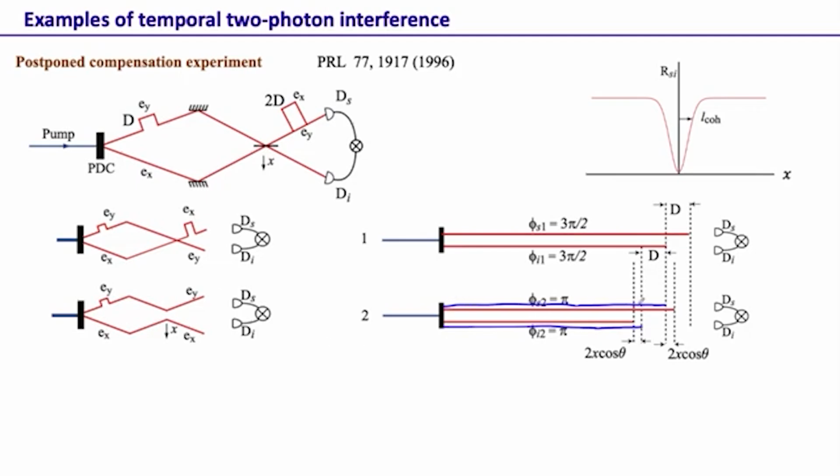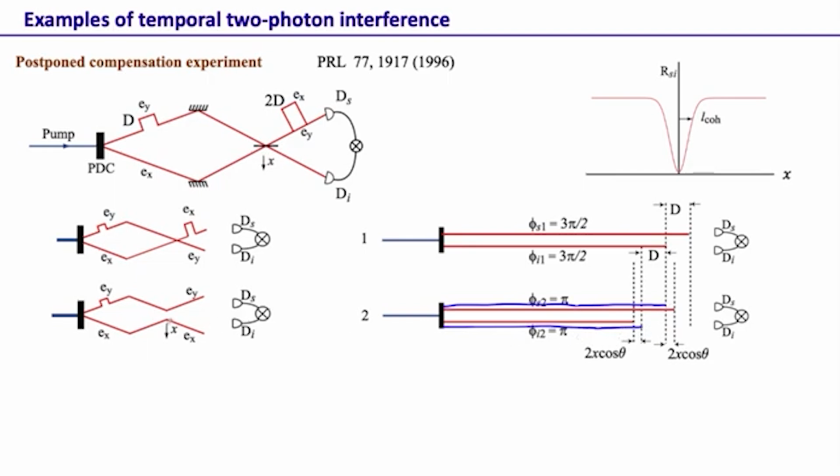That's the length traveled by the signal photon, this is the length traveled by the idler photon, and the difference is D. So in the balanced position, in the first alternative the signal-idler difference is D, and in the second alternative also the signal-idler difference is D.